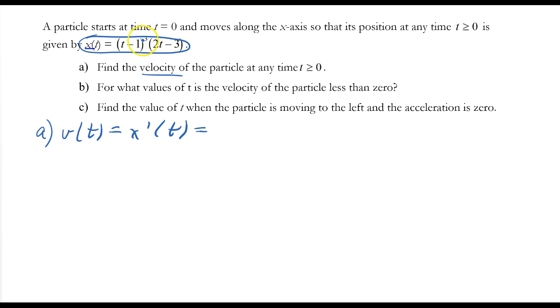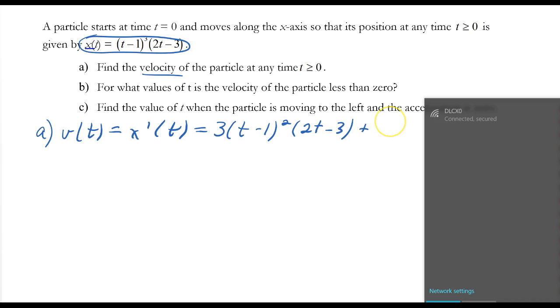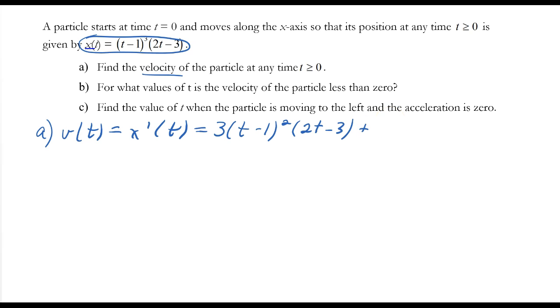So if we take the derivative of the first, the t minus 1 cubed, we're going to get 3 times t minus 1 squared times 2t minus 3 plus t minus 1 cubed times 2.